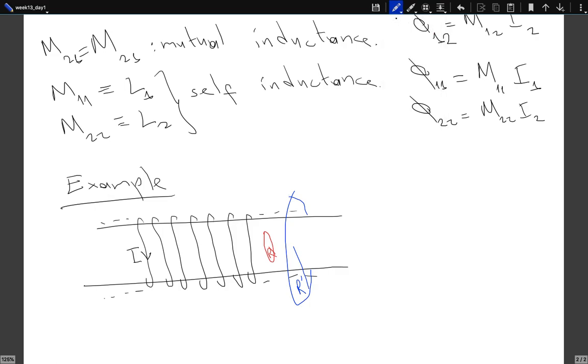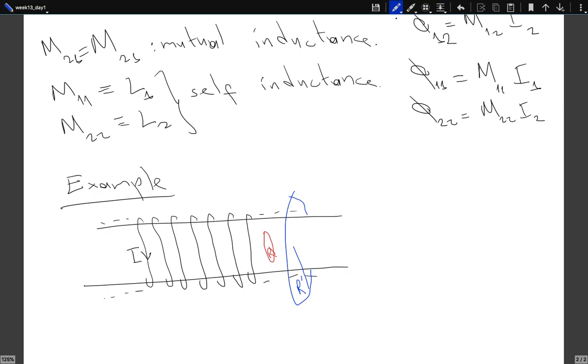Well, this inductance, whether mutual inductance or self-inductance, will be the analog of capacitance. If you remember, when we were trying to calculate the capacitance of a certain system, what we did was we put some charge, and then we tried to calculate the potential difference created by that charge. Well, similarly here, we send a current, and now we try to calculate what is the flux passing through this red ring and what is the flux passing through this blue ring.